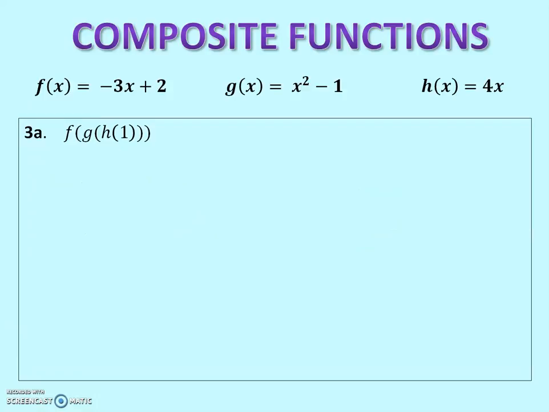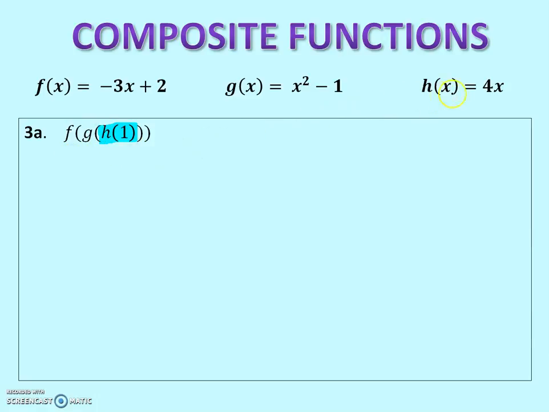3A. This one looks a little bit more complicated, but it's really the same idea. It just adds one more step. So again, we're working from the inside out, starting with this very inside function, h of 1. Okay? Ignoring all the rest for now.